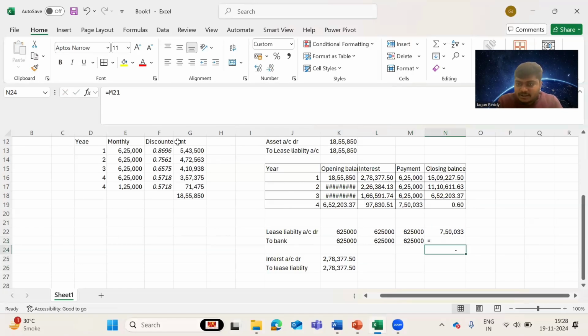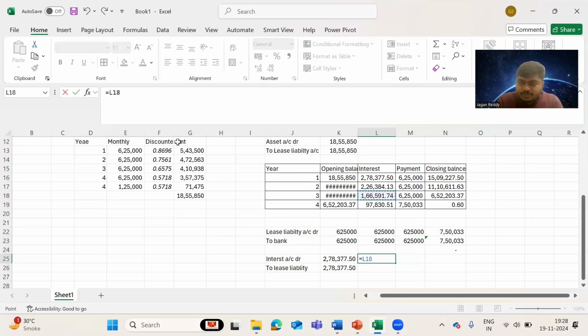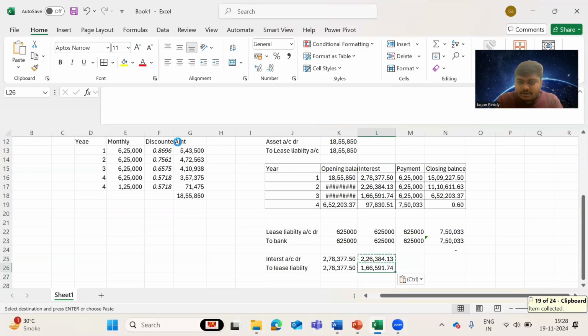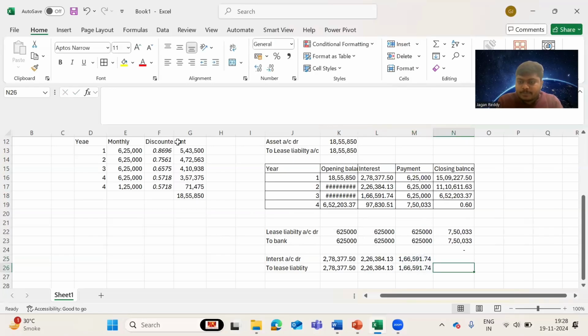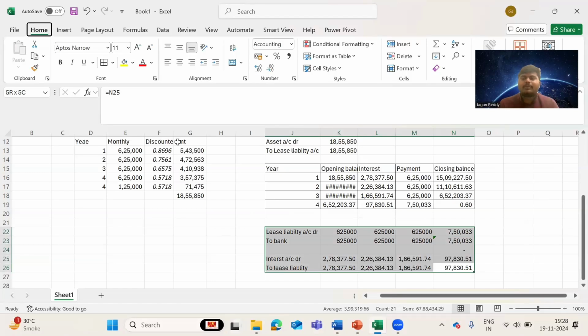What will the interest be here? So interest will be this one. So these will be the accounting entries for all the years. So this will be the accounting treatment for all the years.